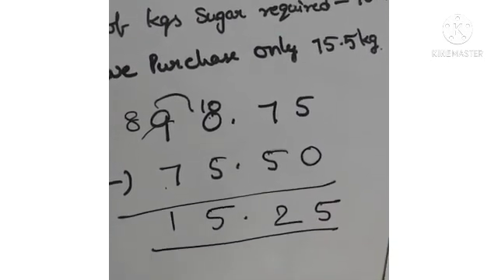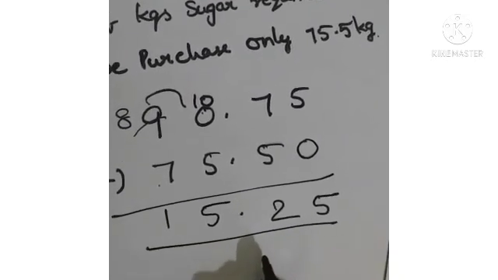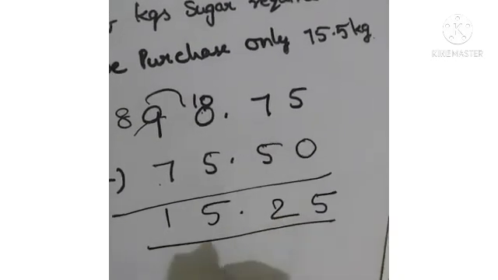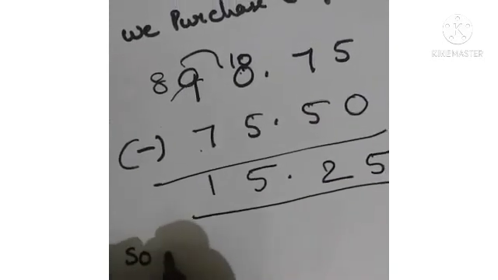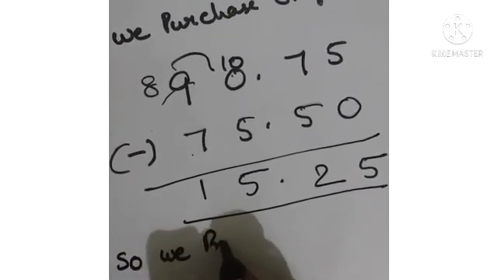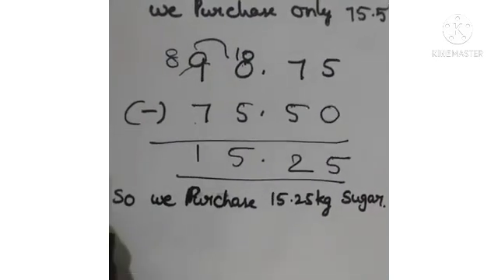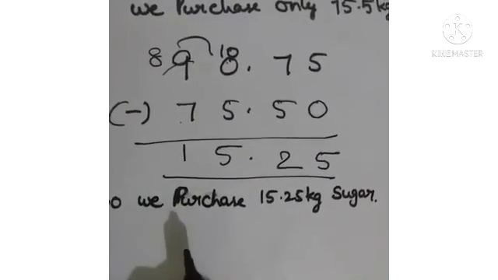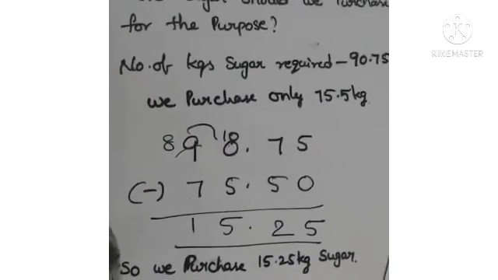So we should purchase 15.25 kgs of sugar. Okay, write your text.